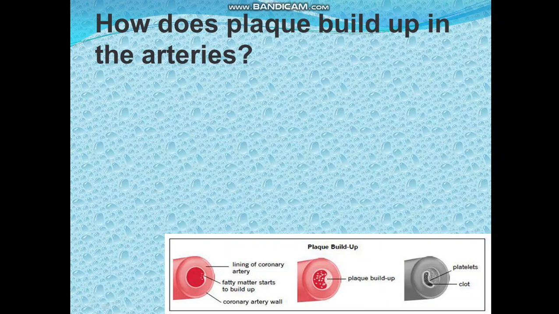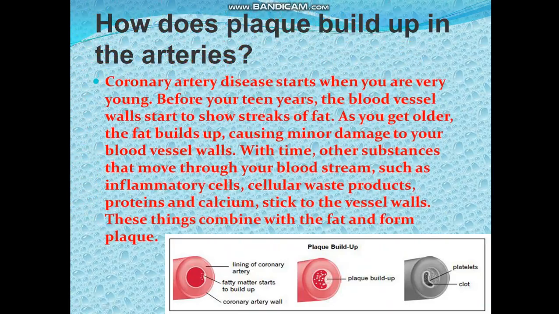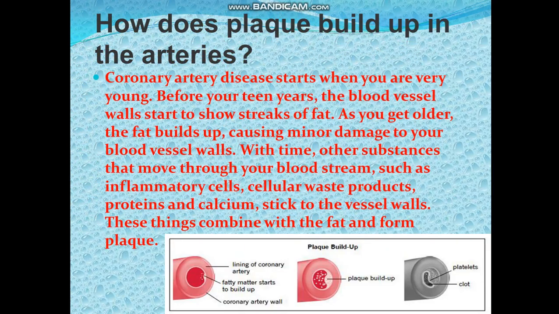What makes plaque build up in the arteries? Coronary artery disease starts when you are very young, before your teen years. The blood vessel walls start to show streaks of fat as you get older. The fat builds up, causing minor damage to your blood vessel walls.